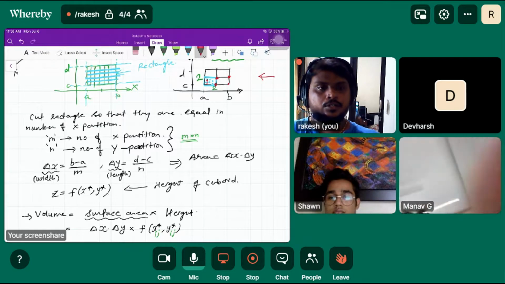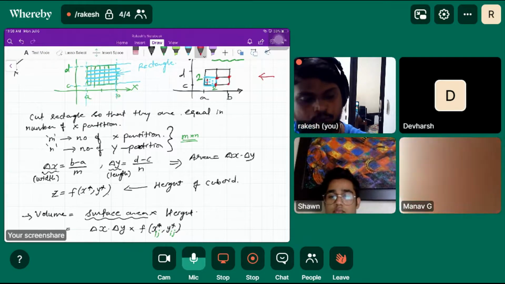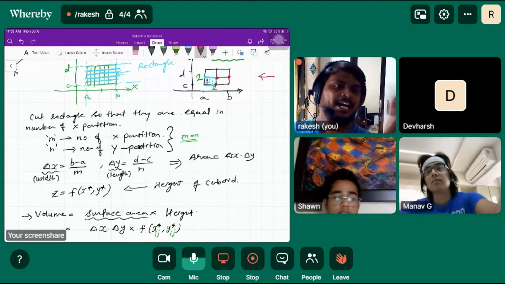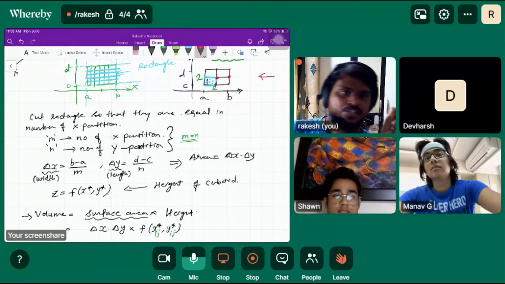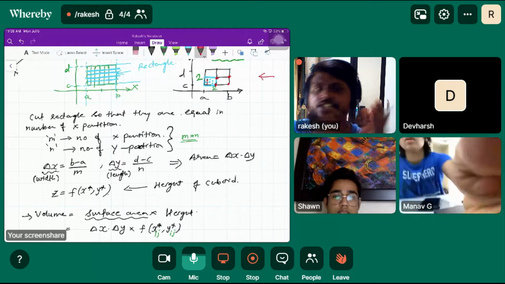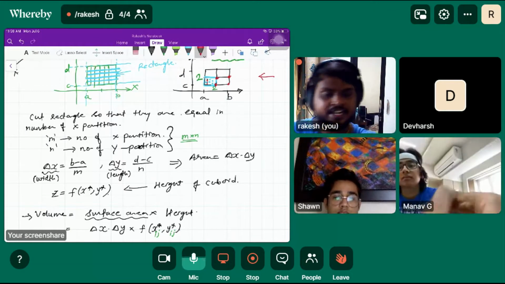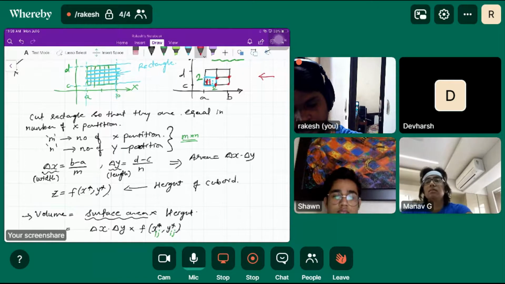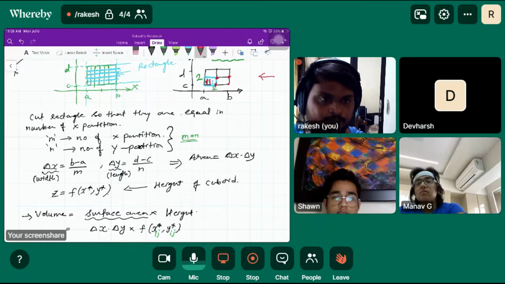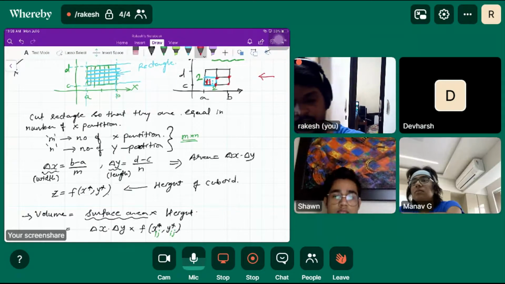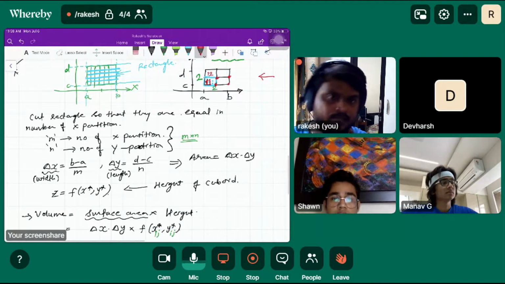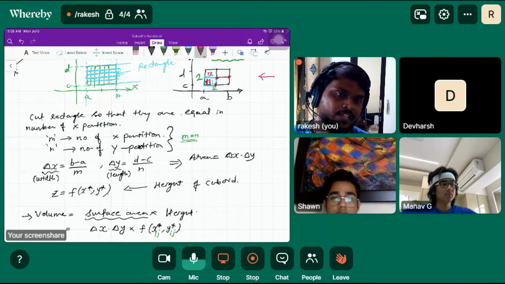Okay, fine. So how do we position each rectangle here? Based on the ij value, isn't it? So if we start from the first rectangle, this is 1 1, i is equal to 1, j is equal to 1. First row, this is the second rectangle, 1 and 2, i is equal to 1, j is equal to 2, right?